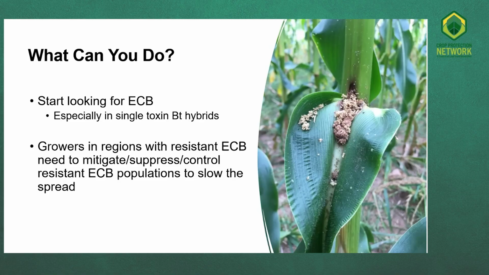So we're going to go over some of the symptoms of the pest injury in a second. And where we have these areas with resistant corn borer populations starting to show up, we're talking to those growers a lot about how to suppress, mitigate, or control these populations to slow the spread of BT resistance. And I'll get to that again in a second.